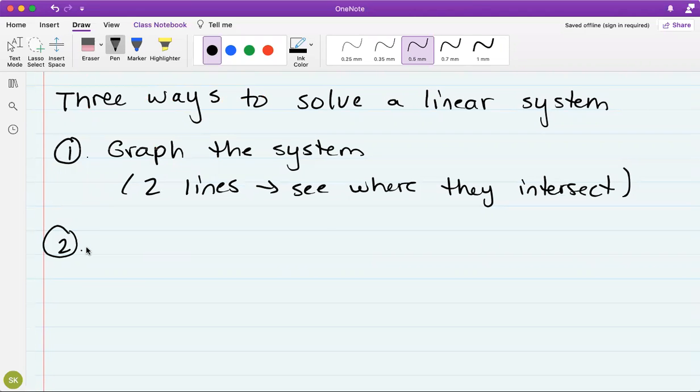The second method that we're going to look at is something called substitution.